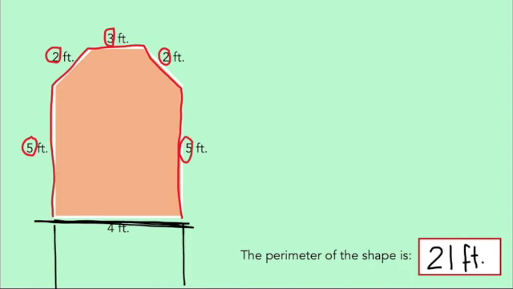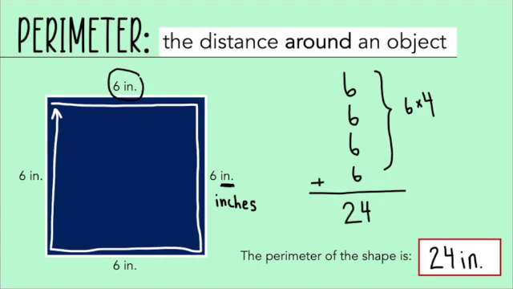Perimeter is a skill in math that you will use for your whole life. So it's a very important thing to understand. So hopefully this video helped you remember your perimeter skills. And so today's activity is going to have you practice this a little bit. All right, so good luck.